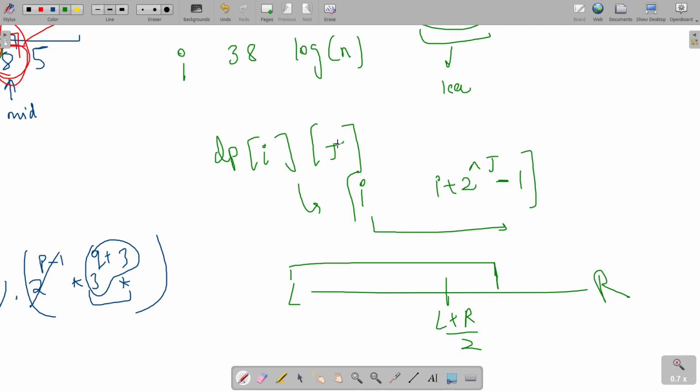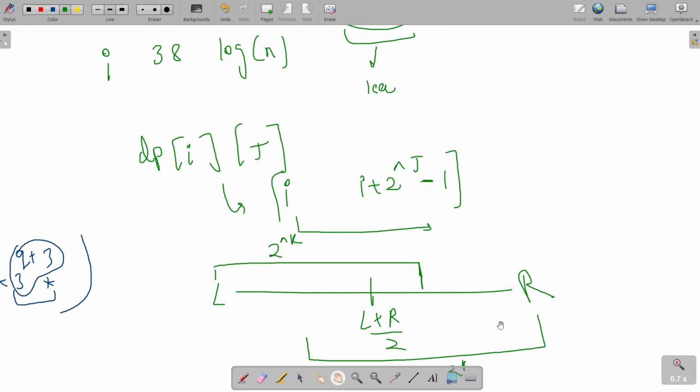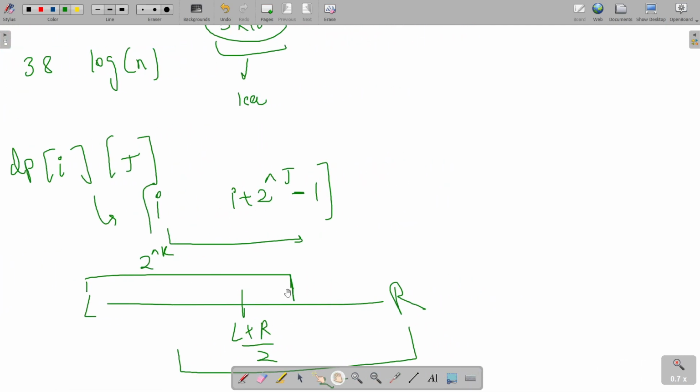Suppose there is a power of 2 equal to k. Suppose this is length 2 to the power k, and this is also length 2 to the power k. So you will be able to find the answer for this range in order 1 and for this range in order 1, and then you can combine them. So effectively in order 1 time you can find the LCM of an L to R range.